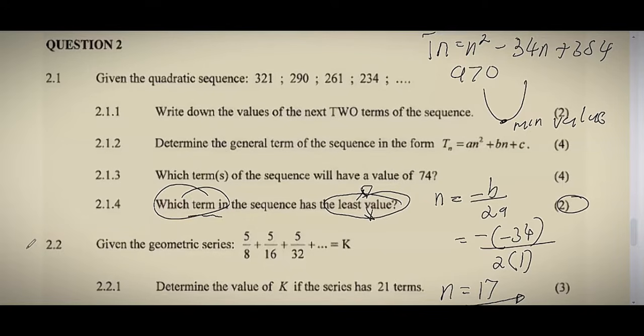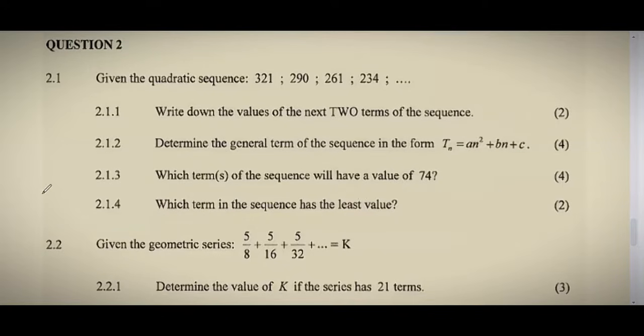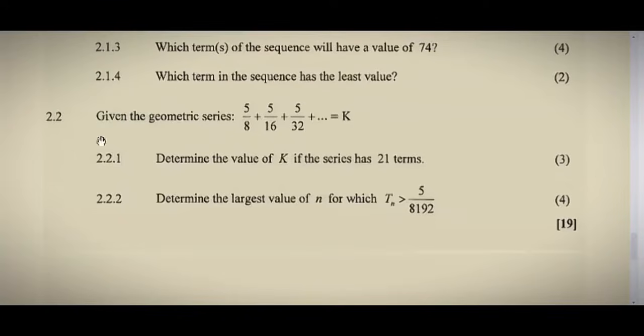Then let's proceed. Down here, we have the geometric sequence. So 2.2 says, given the geometric sequence 5 over 8 plus 5 over 16 plus 5 over 32 plus a whole lot of values and then k, right?